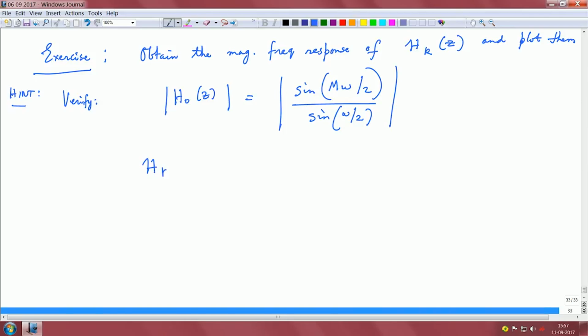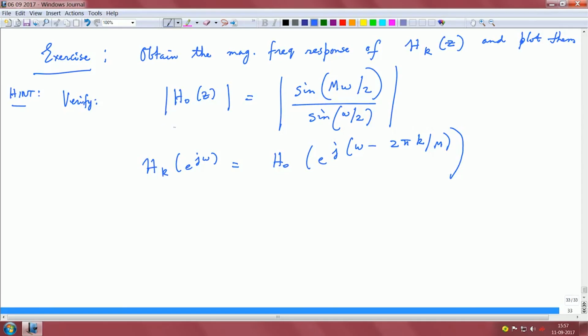H k of e to the j omega is basically you have frequency translates, which are uniform shifts of 2 pi k upon m for each of the values of k.